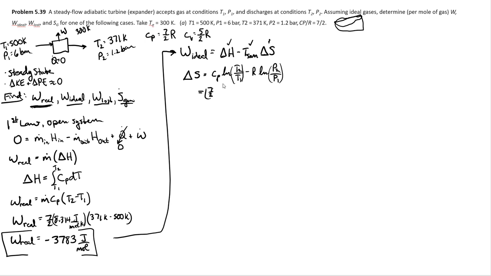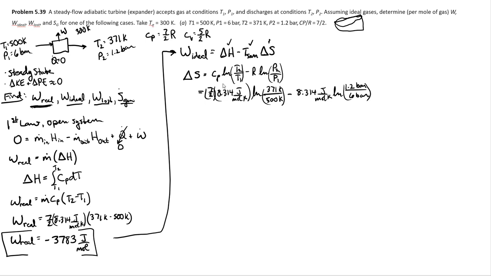So that's 7/2 times 8.314 joules per mole Kelvin times natural log of 371 Kelvin over 500 Kelvin, minus 8.314 joules per mole Kelvin times natural log of P2, which is 1.2 bar, over P1, which is 6 bar.